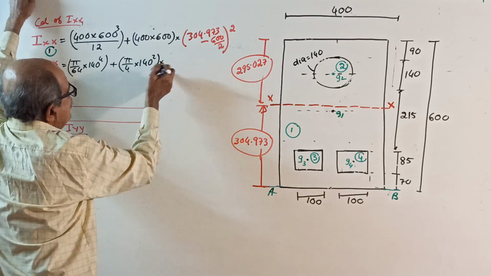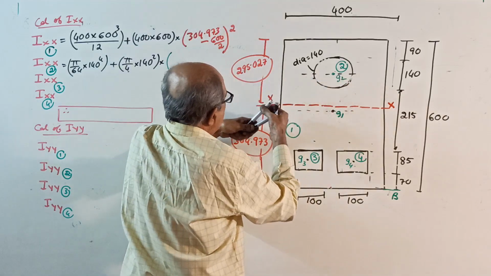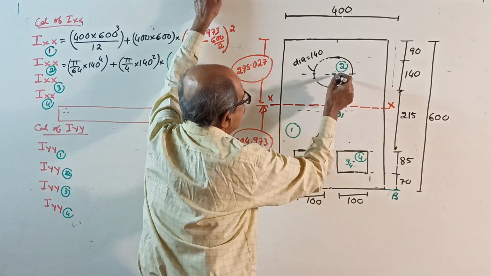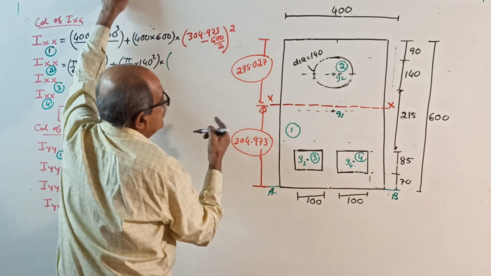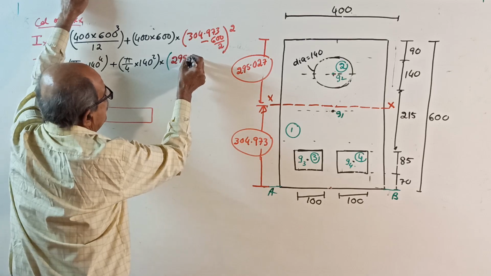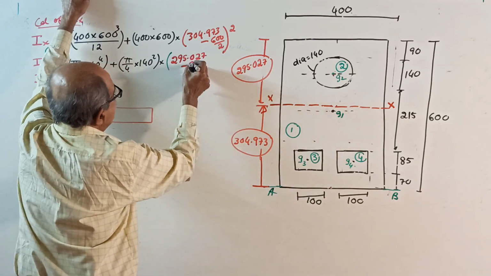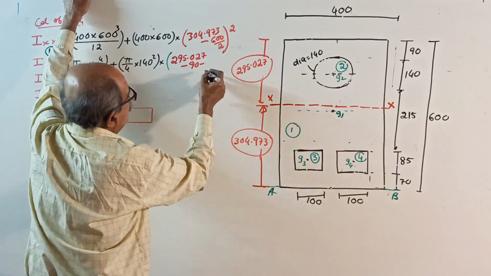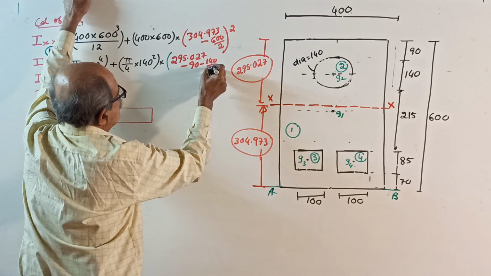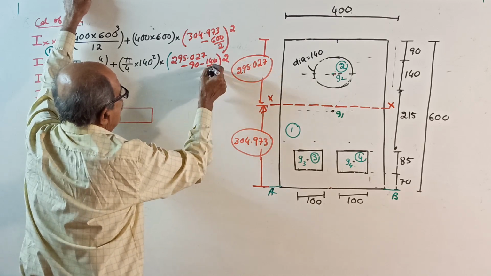Pi by 64 into 140 power 4 plus area, pi by 4 into 140 square, into the distance from G2 to XX, this distance square: 295.027 minus 90 minus 140 by 2 whole square. Calculate the answer.